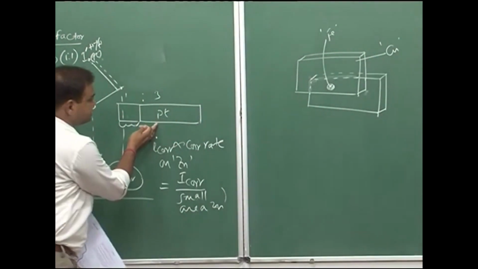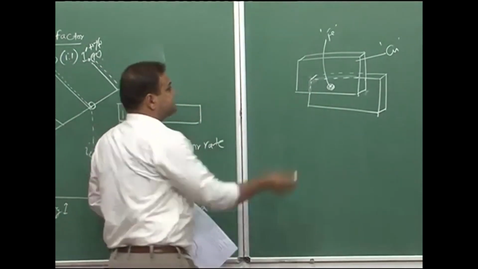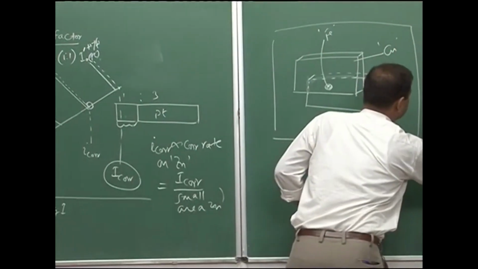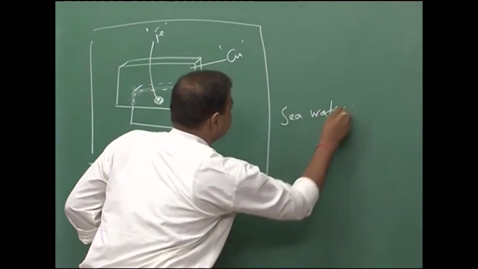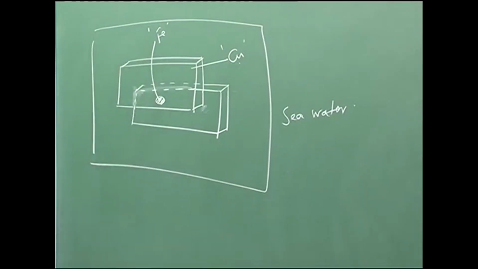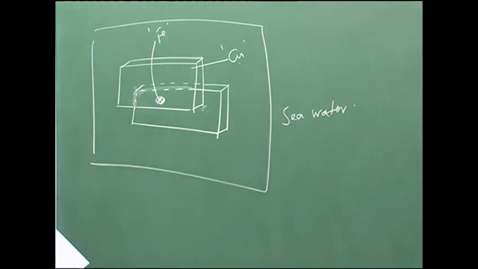Now, the same situation will prevail there. Now, here what is cathode here? Let us say this entire stuff is put in sea water. Now, in this situation, we go to galvanic series, and in the galvanic series copper is noble and iron is active, since copper is above iron in the galvanic series in seawater solution. So, copper will act as cathode.